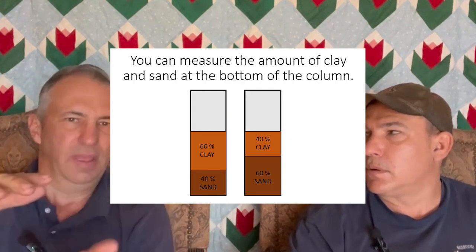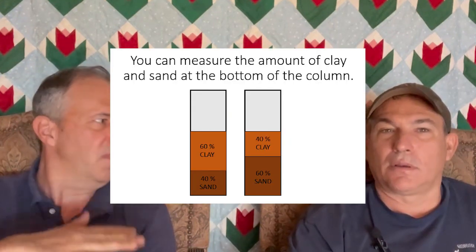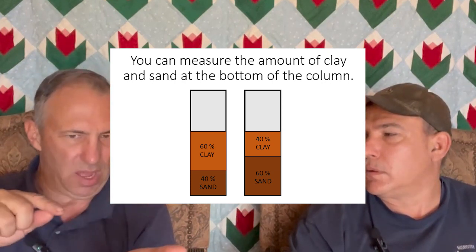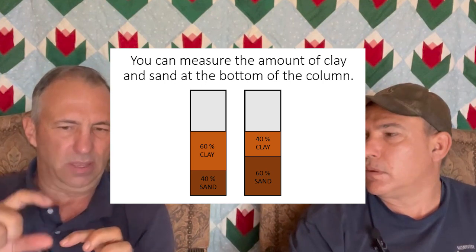I think the sand is down at the bottom, if I'm not mistaken, and the clay is at the top, something like that. But you can actually measure it, and you can see a definite difference between the two, and you can mark a line after a few days, and then it's like, oh, I got this much, 40%, 60%, or 50-50.